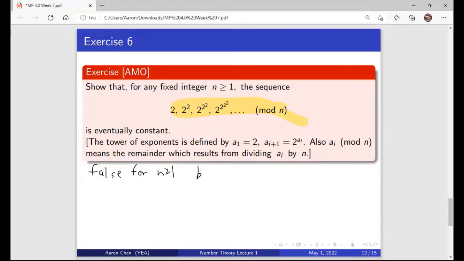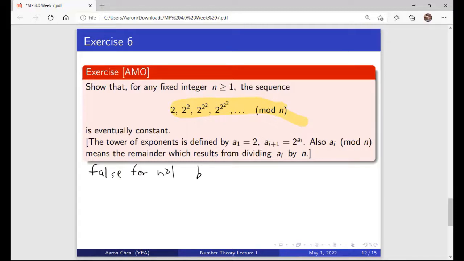And so clearly b is not 1, because the numbers are all the same mod 1.